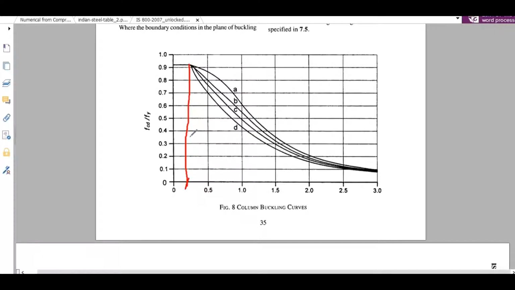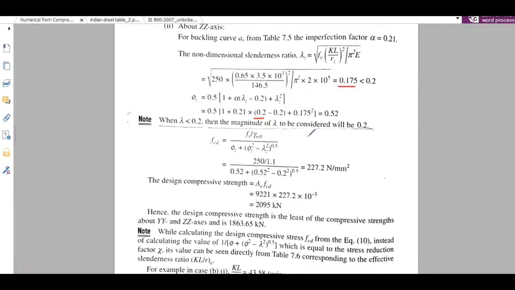Before this line is for short columns, and after is for long columns. As we are finding the strength considering buckling failure, buckling behavior also, we have to ensure that lambda is at least this amount. So when you get a lambda less than 0.2, you have to use a minimum of 0.2 in the case of lambda z.